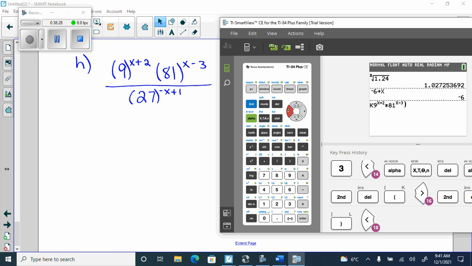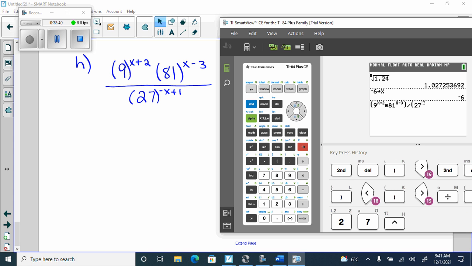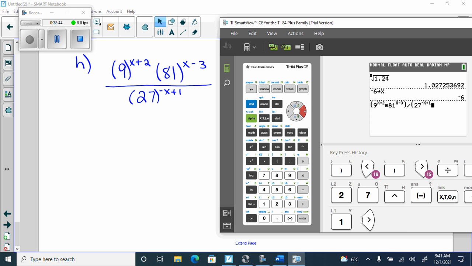Okay, we're learning. I've never thought to do that. I don't even know if that would work. Okay, and then divided by bracket. This would have been way easier if I just used the fraction button, but beggars can't be choosers. 27 to the power of -x plus 1. That's my answer. Much easier.